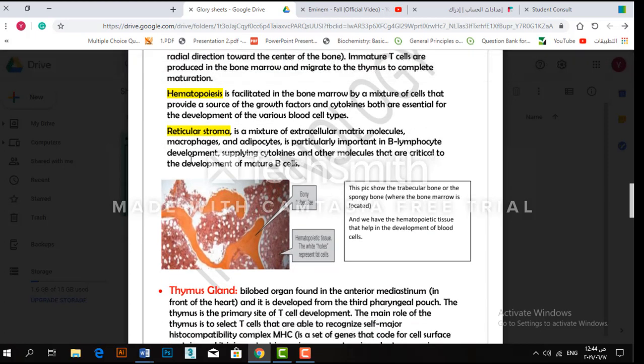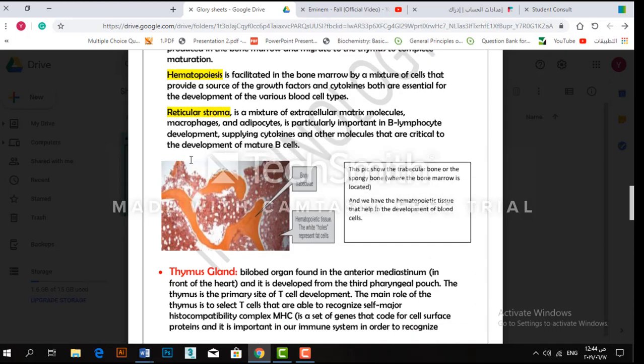It is a mixture of extracellular matrix molecules, macrophages and adipocytes. Why do we need the macrophages and adipocytes in the reticular stroma? Because they are important in B lymphocyte development, supplying cytokines and other molecules that are critical to the development of the mature B cells.